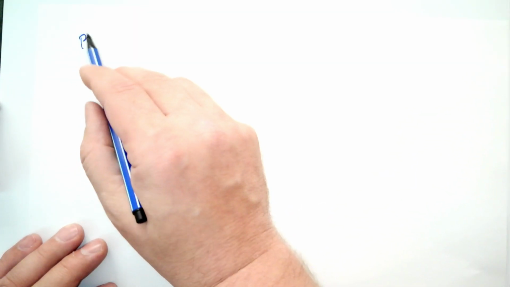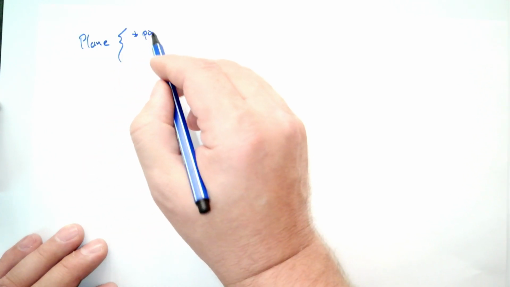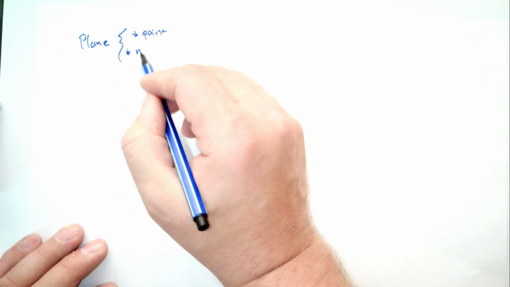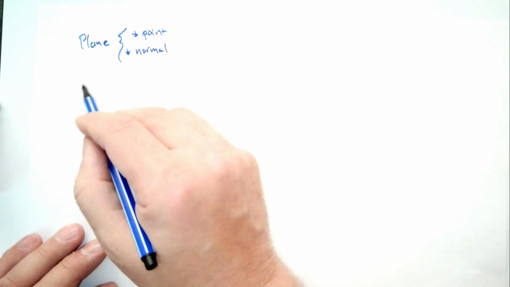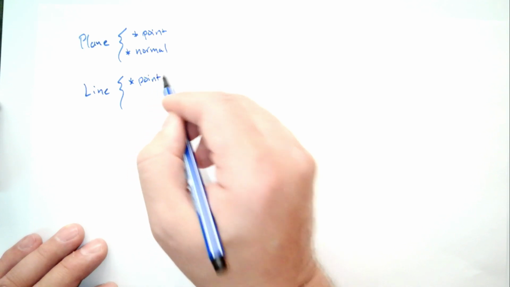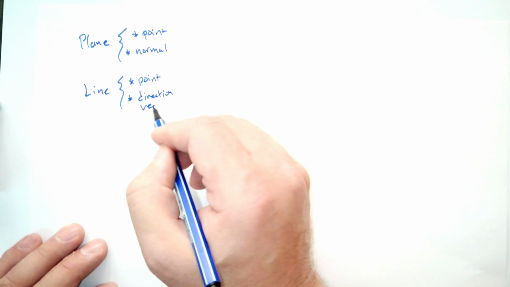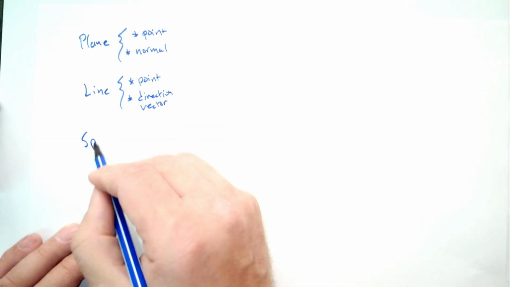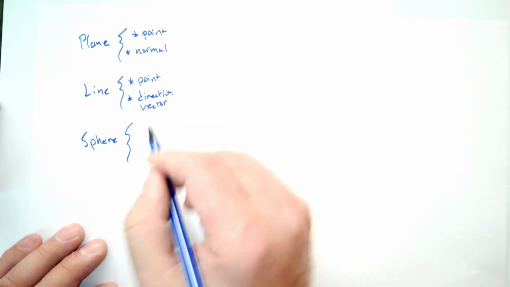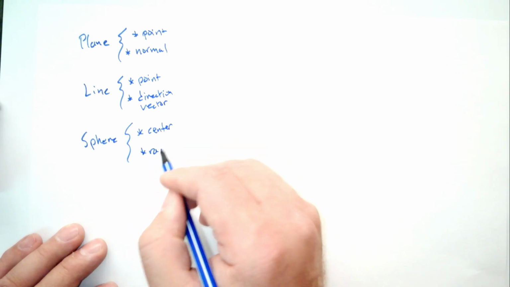If you're looking for a plane, you make a list and you say, I need a point and I need a normal. If you're looking for a line, you say, I need a point, and I need a direction vector. And if you're looking for a sphere, you look for a center, and you look for a radius.